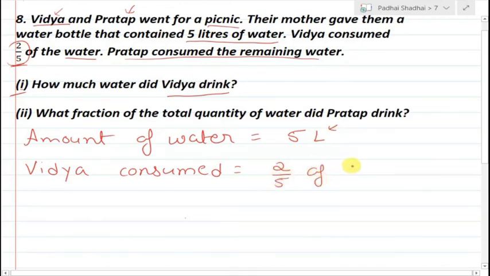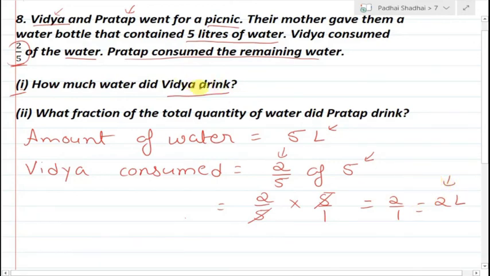So we can write 2 by 5 into 5. We can cut out 5 by 5, 5 and 5 we will cut out. So left 2 by 1. So 2 liters of water is consumed by Vidya.